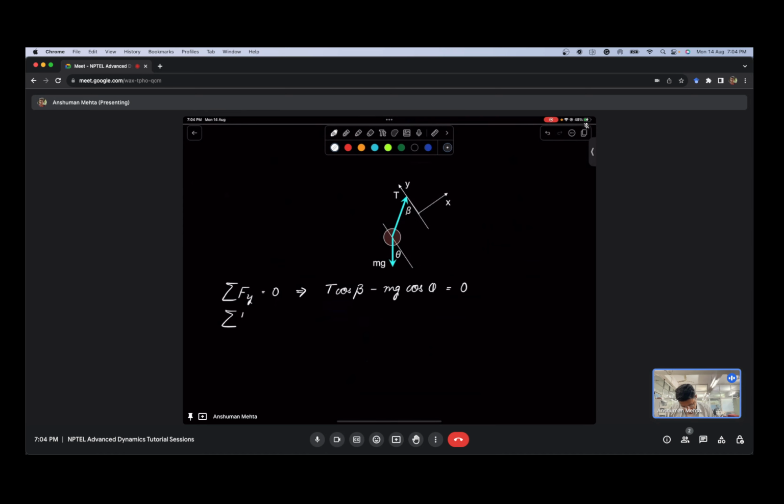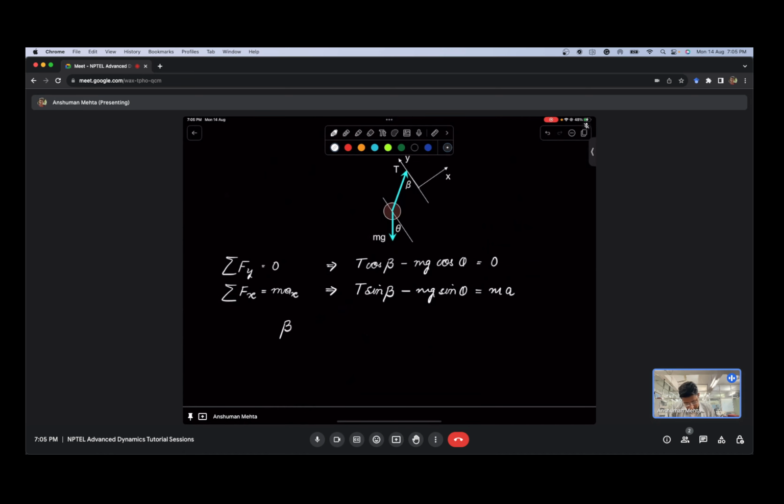And when we balance forces in the x direction, here ma, this will give us T sin beta minus mg sin theta is equal to ma.